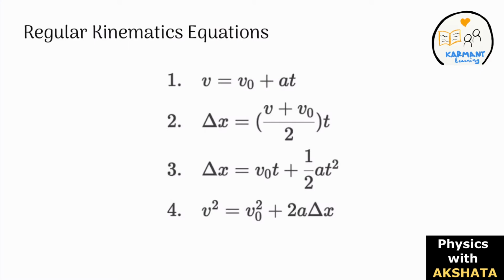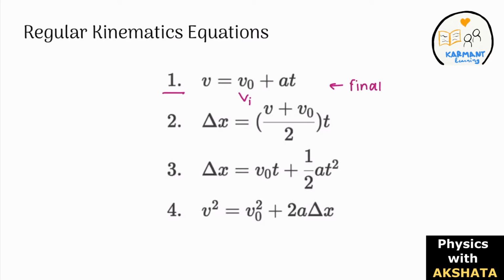I'm just going to go over briefly what each of these equations means. The first equation describes obtaining the final velocity from the initial velocity plus the product of the acceleration of the object multiplied by time. So this one gives you the final velocity.